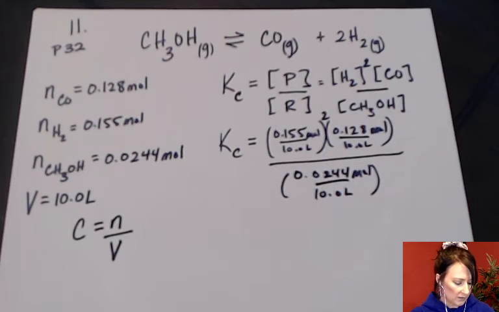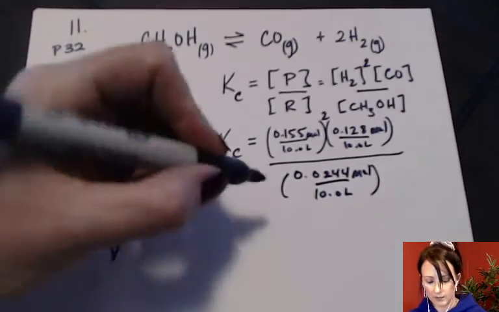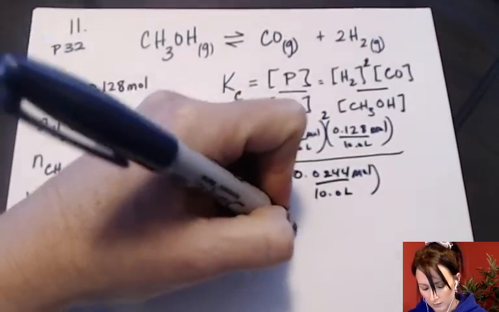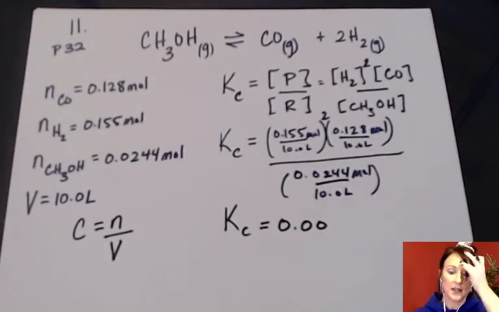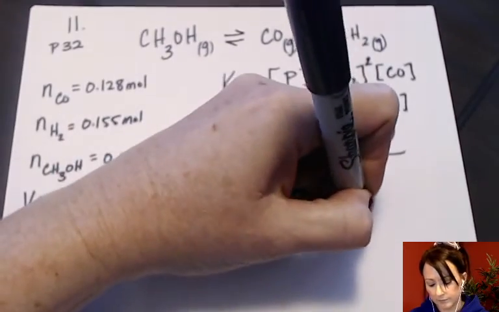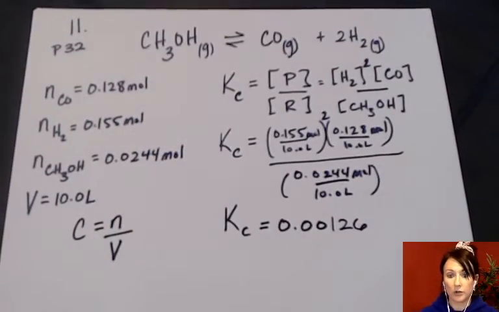I'm going to do it all in one step just because I'm pretty confident that I can do this all together, and I got an answer for Kc, 0.00126. I'm going to keep my same sig figs here, 3. And don't forget there's no units for a Kc or a Kp expression, which is great. So one less thing to remember. So there's my value of my equilibrium constant.